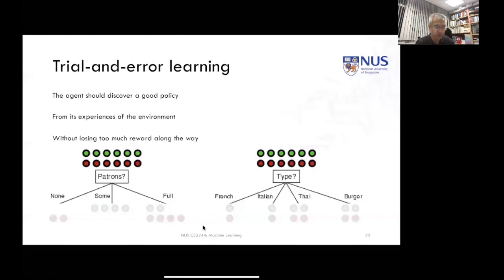So, for example, in our decision tree learning case, we had this idea of trying out new restaurants, or restaurant selection, I should say. We could decide to go to different types of restaurants, either ones where there are no patrons, some patrons, or the restaurant is full and we have to wait, or going to a restaurant depending on the type of cuisine it has, right?